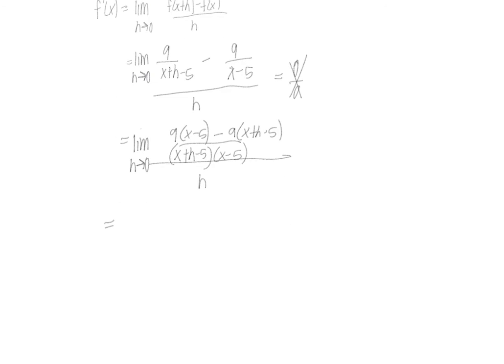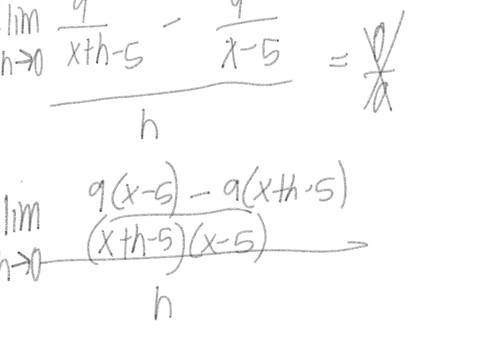I'm just going to go ahead and simplify this, so I don't have to write it down so many times. 9x minus 45 minus 9x minus 9h plus 45. And so the 45 cancels, the 9x's cancel, wait, this was a 9h right here.